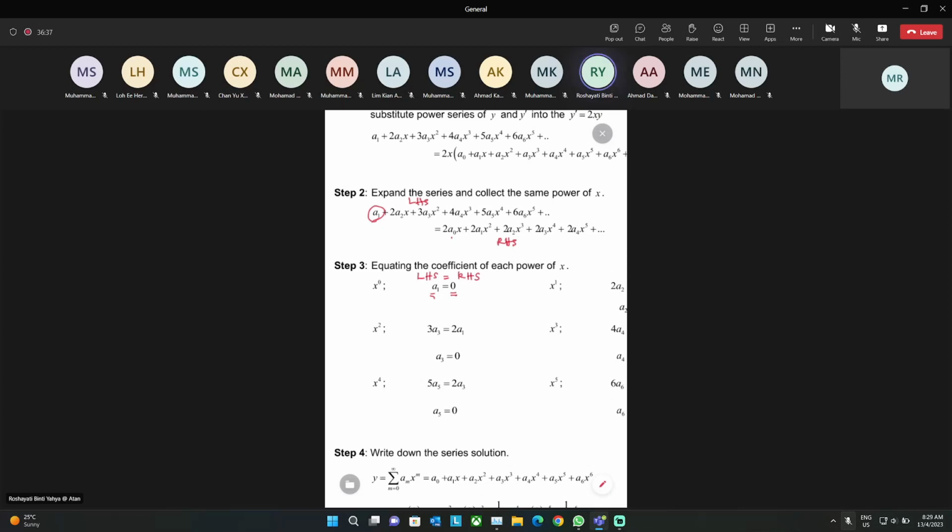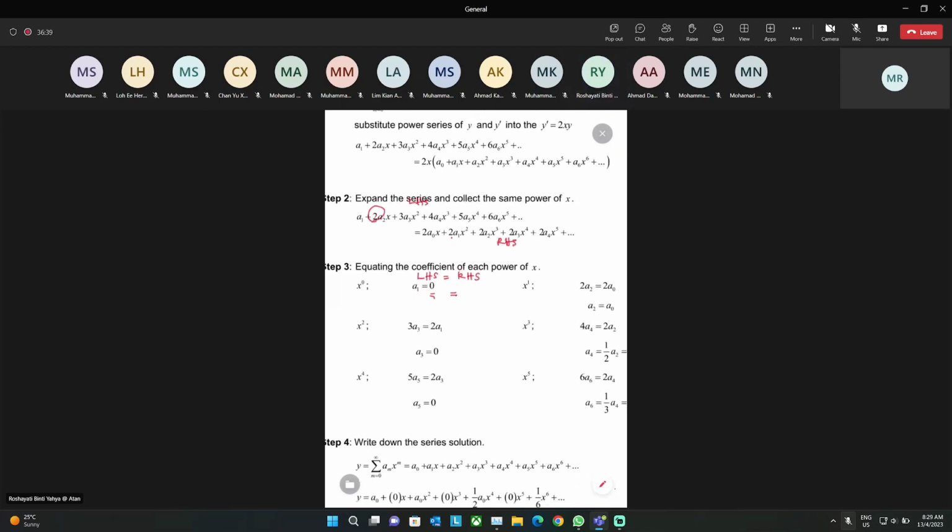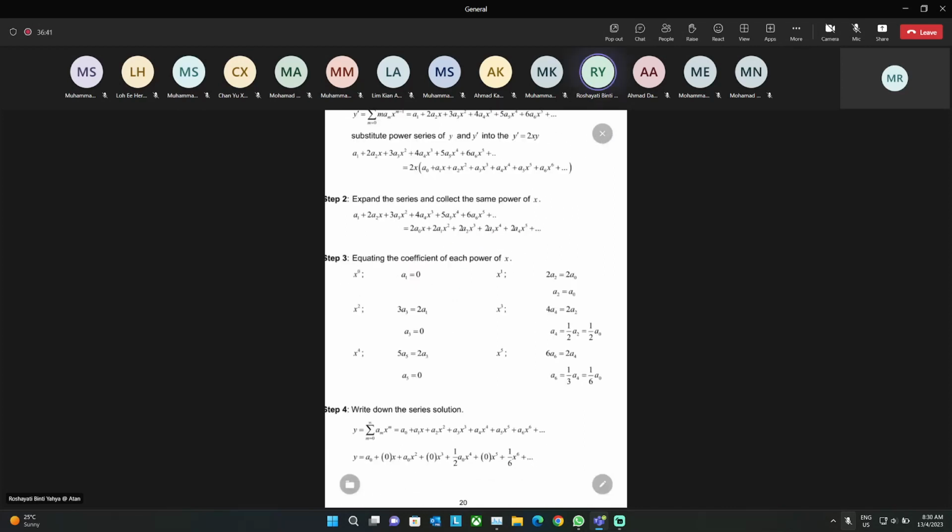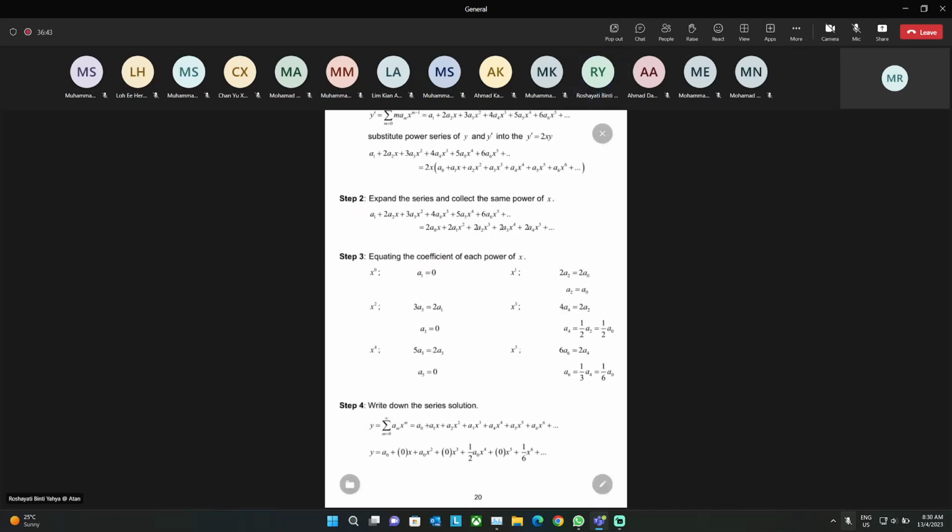Then we go for x1, x to the power of 1. Check your left hand side and right hand side. On your left hand side, for x to the power of 1 we have 2a2.